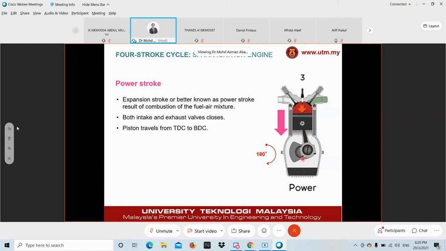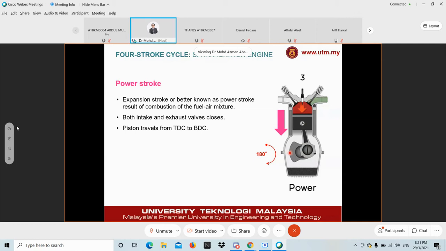And hence the power is translated from the crankshaft to the flywheel, to the transmission, to the drive shaft and also the wheels for your vehicle to move. Bear in mind that the power created inside the combustion chamber is what we call indicated power, whereas the power produced at the flywheel is what we call brake power.